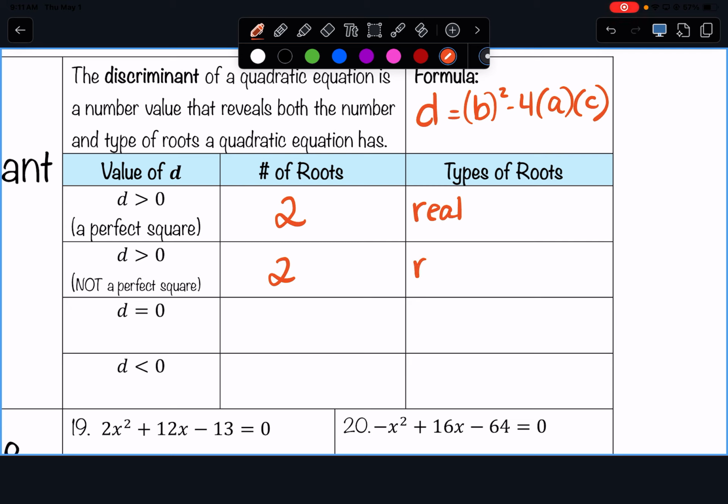If we have a perfect square as our discriminant, we can take the square root, so it's going to be a real rational number. Whereas if it's not a perfect square, it will be an irrational number, which just means our answer will have a square root in it.